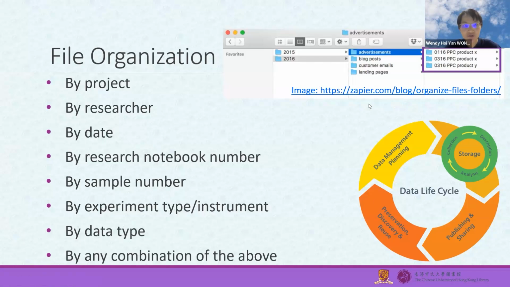So this is how you can organize your files with folders. Remember to create folders in your computer, in your file drive, data drive, so you can make good use of this hierarchical file structure and trace back to your files in the future.